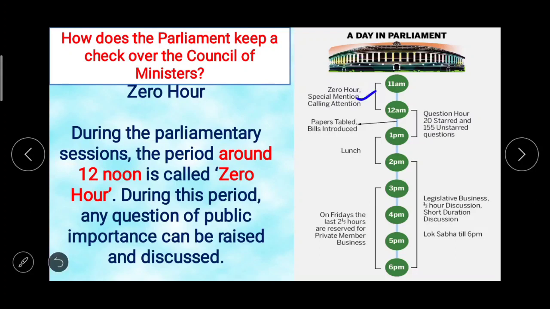Then 12 question hour, 20 starred and 155 unstarred questions, and here papers are tabled and bills introduced. Then 1 pm to 2 pm, that is lunch, and then 3 to 6 legislative business, half hour discussion, short duration discussion, Lok Sabha till 6 pm. And on Fridays the last 2.5 hours are reserved for private member business.